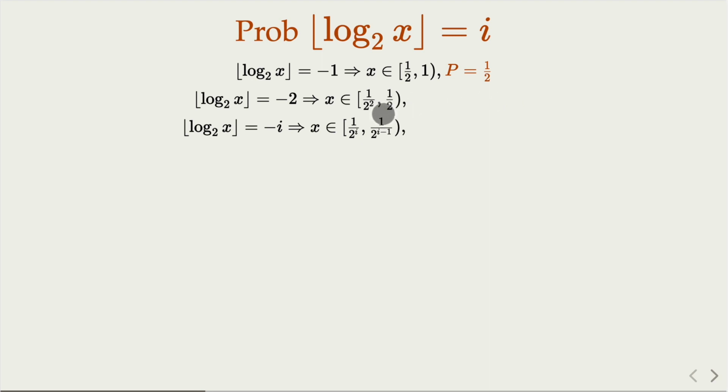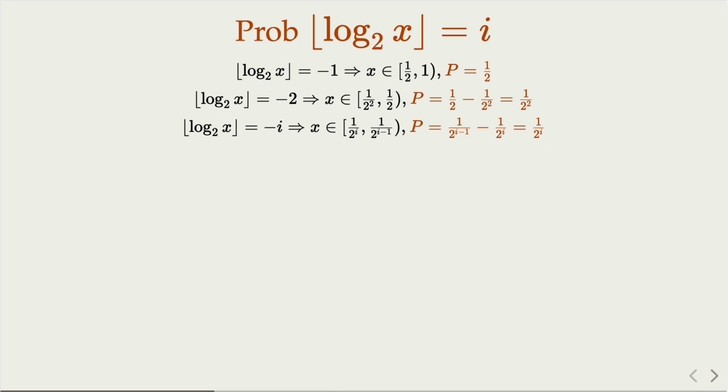And here the interval gets smaller, it is actually 1/4. That's the probability here, and so on and so forth. Notice that as i gets bigger and bigger, the probability that the floor function takes the value of negative i is 1 over 2 to the ith power.